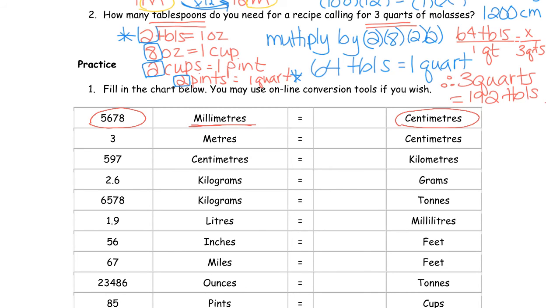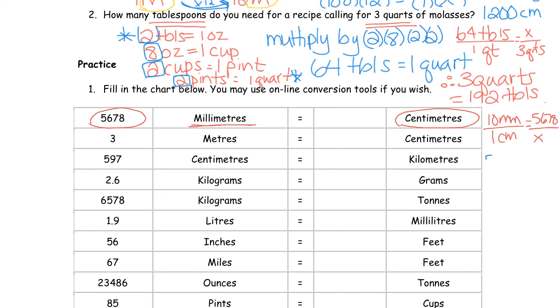And I know that the relationship is 10 millimeters to 1 centimeter. Okay, so again, you can look up the relationship between millimeters and centimeters and set up your ratio. And then I'm going to write my equivalent ratio where I have 5,678 millimeters on top of X number of centimeters. Okay, we're not sure.